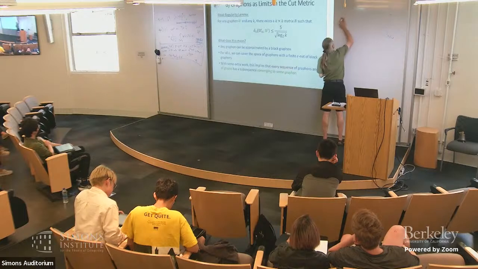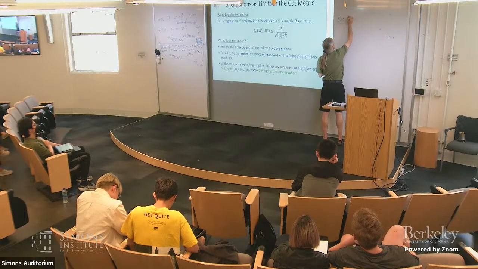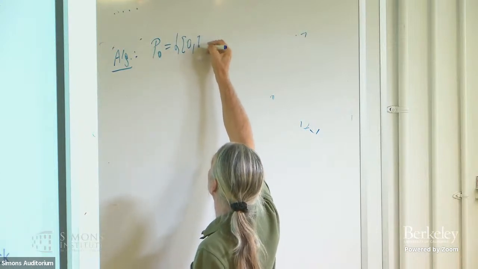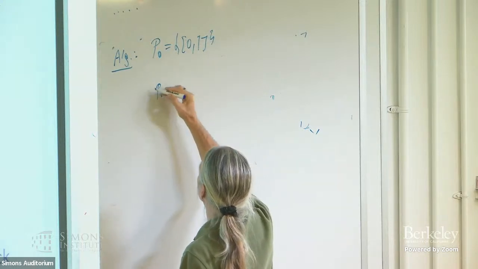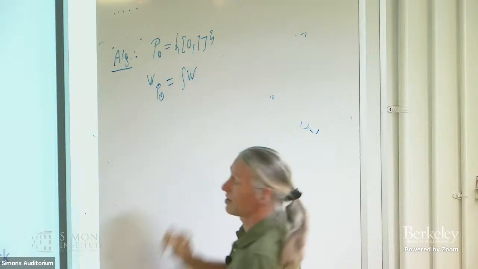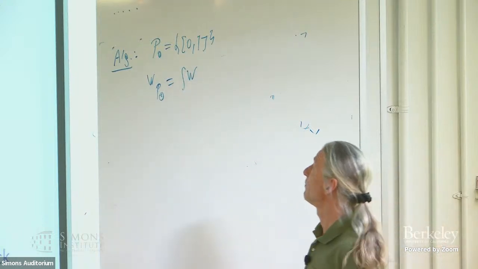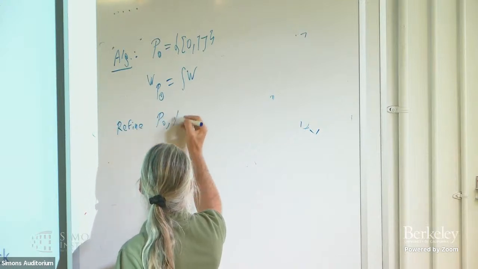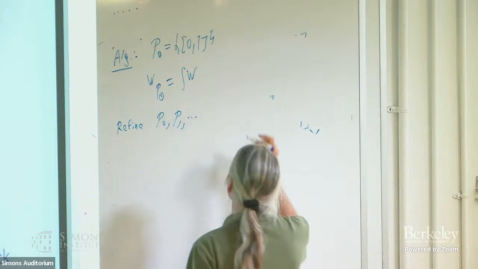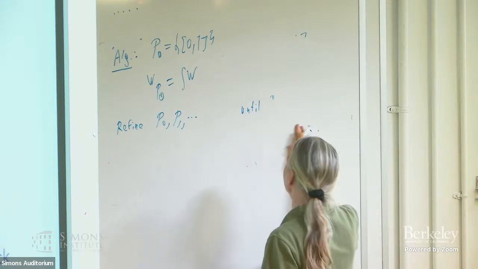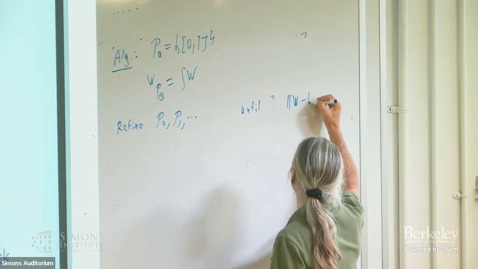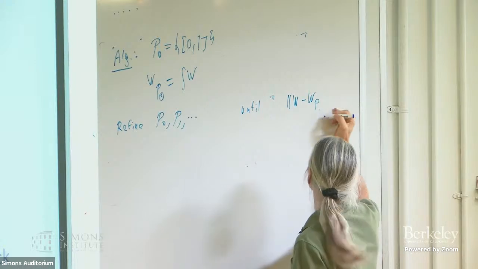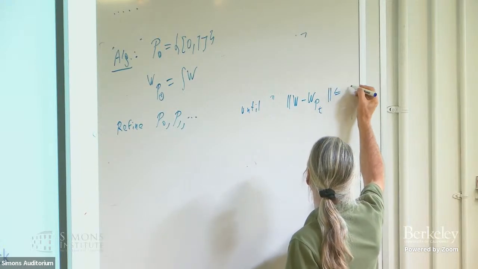So what I have is the following algorithm. I define a partition P0, which is a trivial partition. W_P0 is just the integral of W, the constant function. And I will refine it to P1, and so on, until the cut distance between W and W_PT is smaller or equal to epsilon.